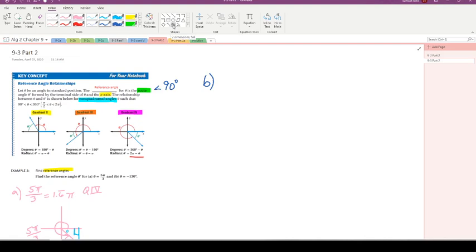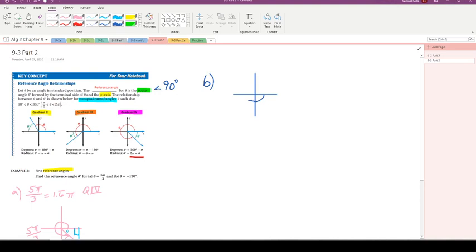We have to draw our XY plane so that we know where the shape is going to be. I'm just going to draw it like that, and I'm going to draw my angle of negative 130. So that means it's going to go like this, and it's going to go here.